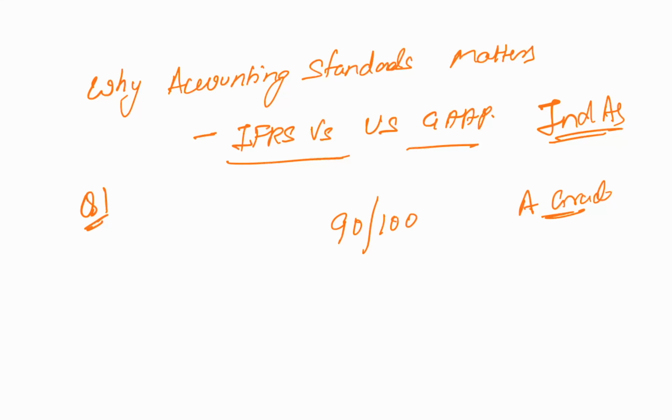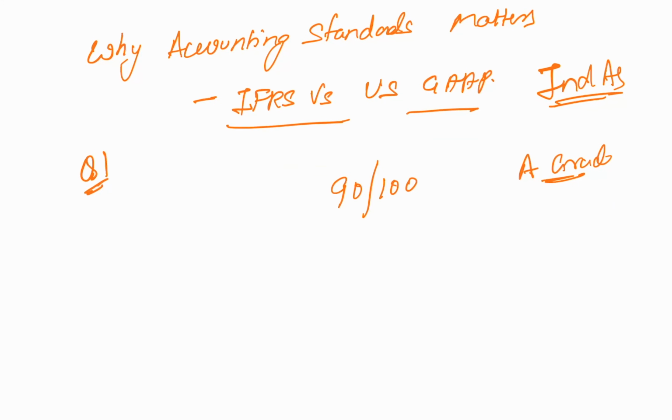This is exactly what happens in the business world. Some companies follow IFRS, the International Financial Reporting Standards, while others follow US GAAP, which stands for Generally Accepted Accounting Principles in the US. These are the rules for preparing financial statements.